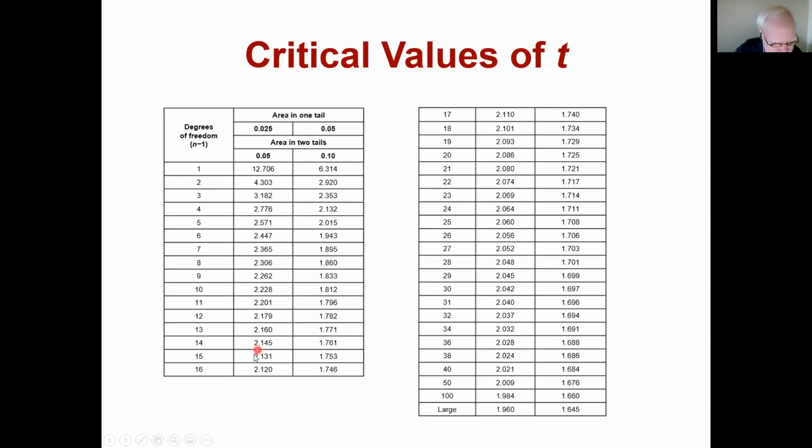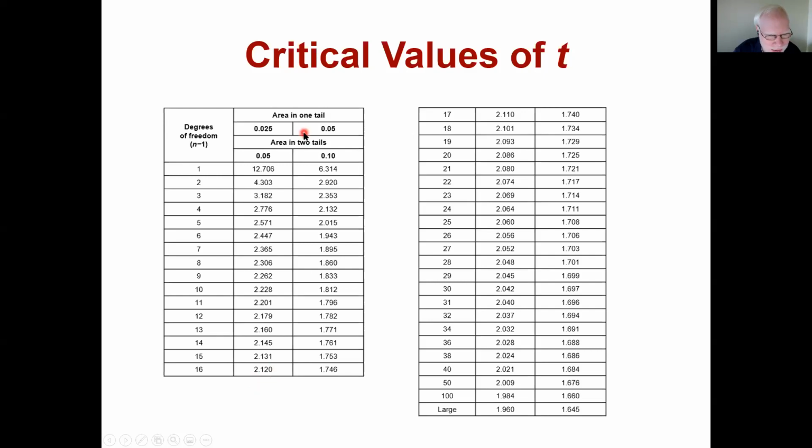If you're doing a two-tailed test, you want to find the 0.05 level, so the 95% confidence interval. You would look in column 2, and then go down and find, for 16, 2.120.